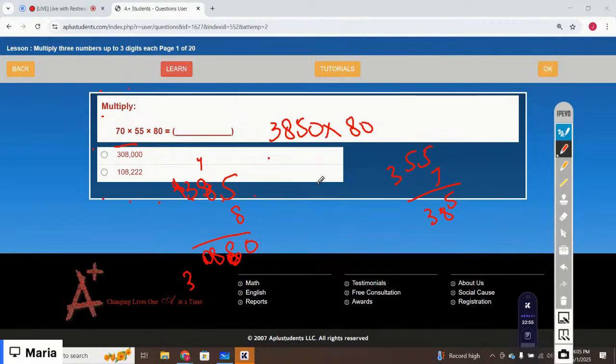That is 3080. Add the zero and two more zeros. So option number 1 is the correct option. That is 308,000.